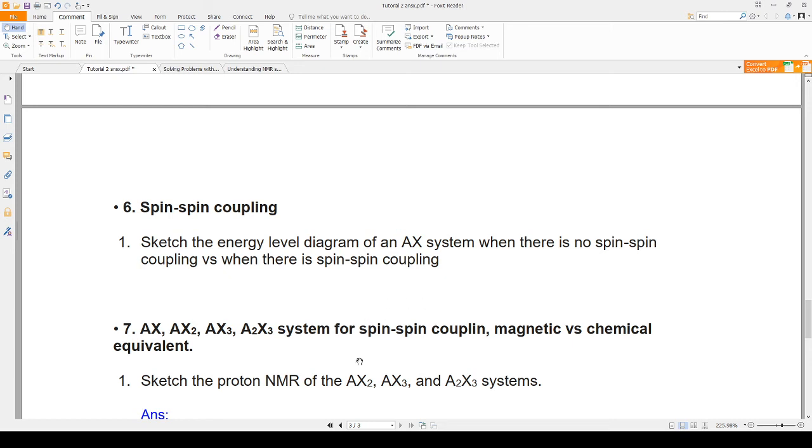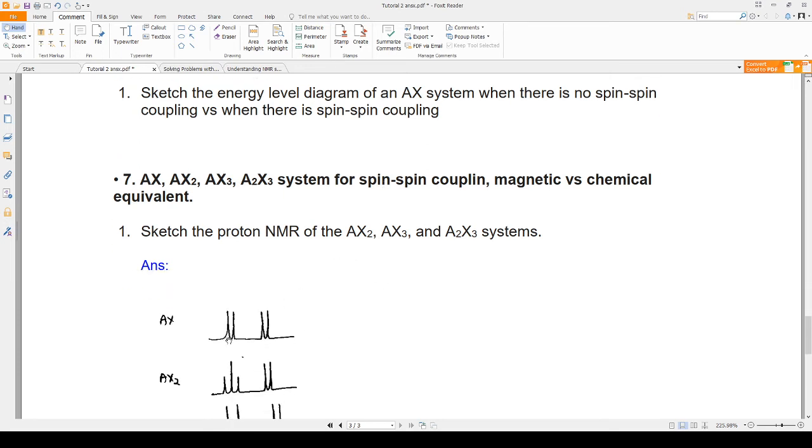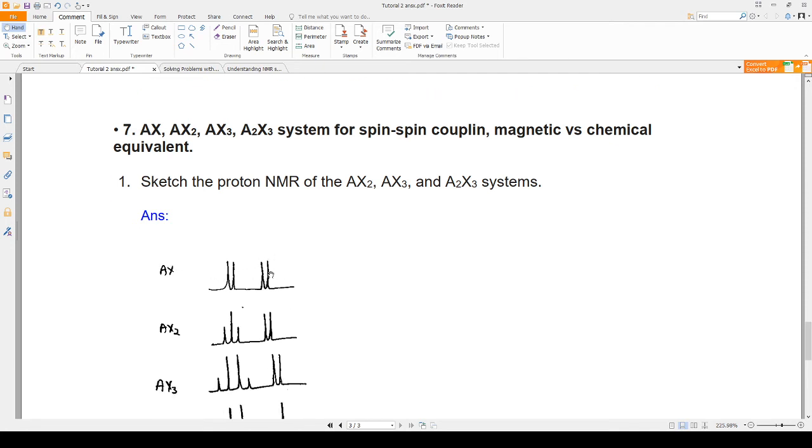So sketch the proton, and usually the A is the shielded. If you have an AX system, A is seeing the X, and X is seeing the A. So this is a doublet: A is seeing the X, which is 1, so n+1 becomes 2.